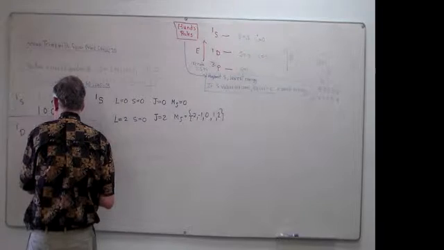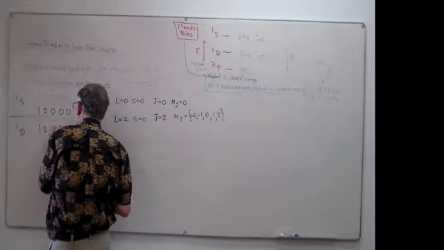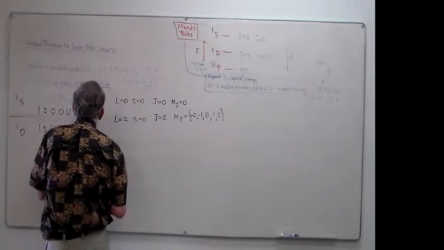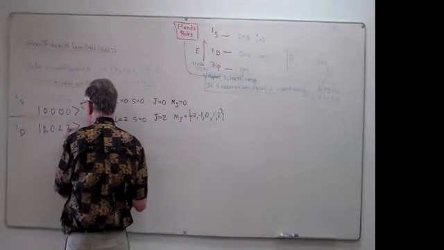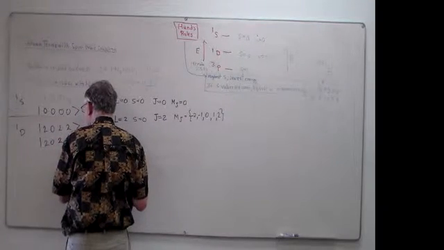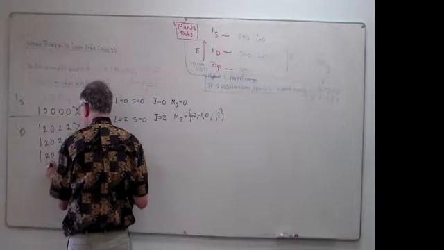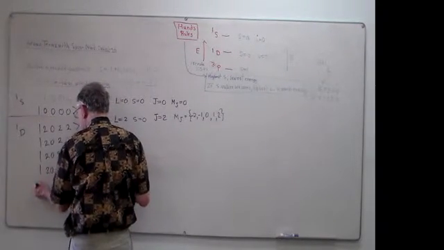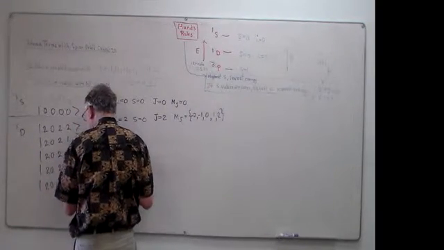L equals 2, S equals 0, and now J can equal 2. And M sub J can take the values 2, 1, 0, minus 1, and minus 2. So the states are 2, 0, 2, 2; 2, 0, 2, 1; 2, 0, 2, 0; 2, 0, 2, minus 1; and 2, 0, 2, minus 2.